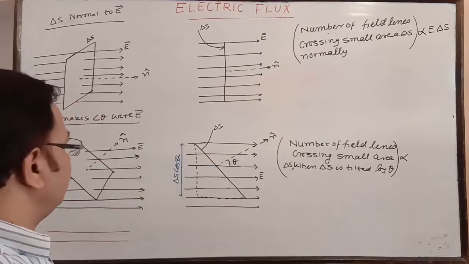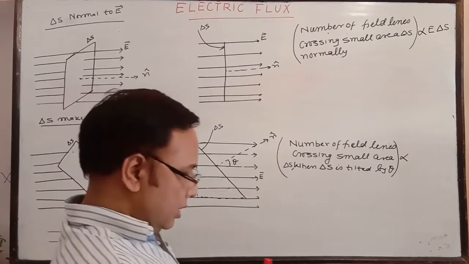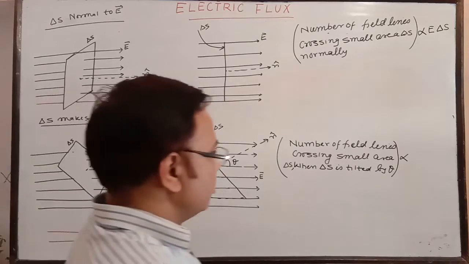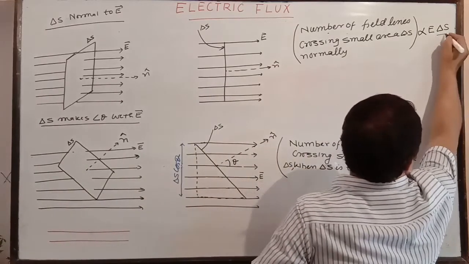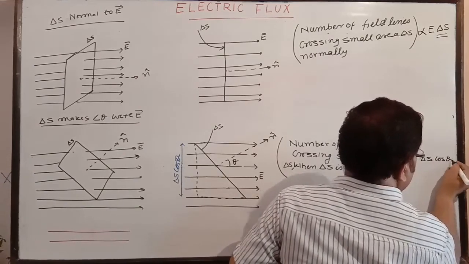the number of lines reduces. It means in that case the orientation also matters, or the exposed area is only delta S cos theta. So here, instead of E into delta S, we are going to write E into delta S cos theta.